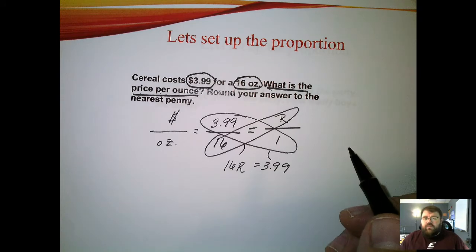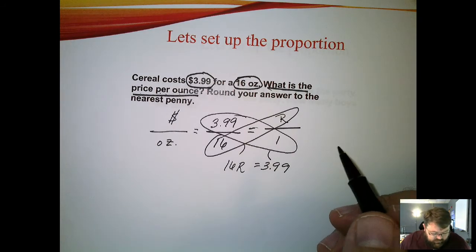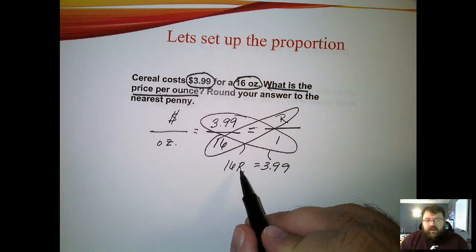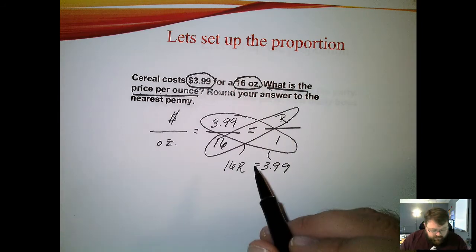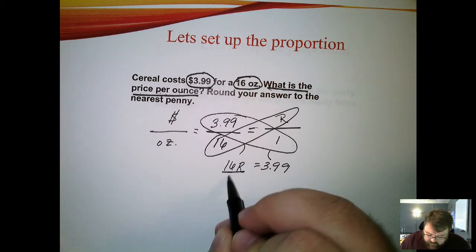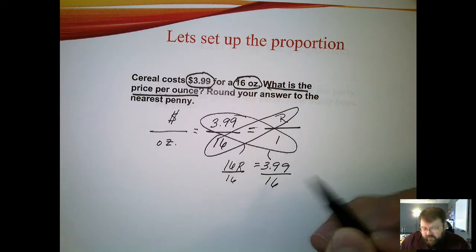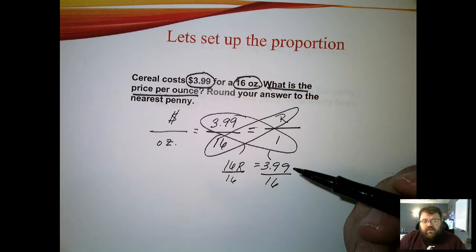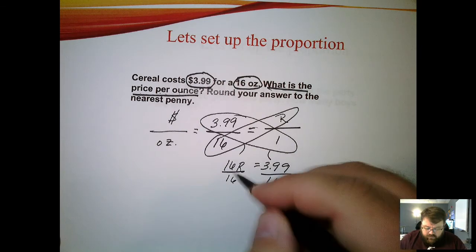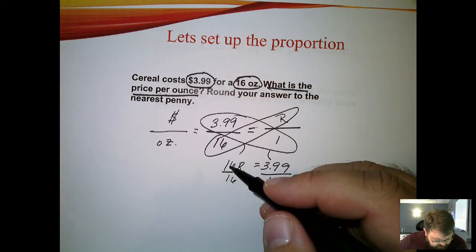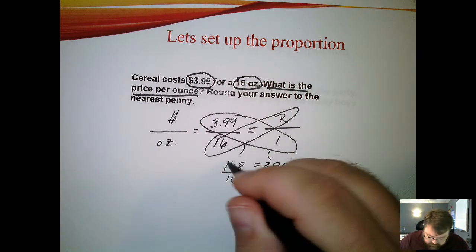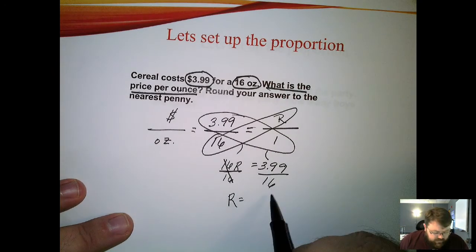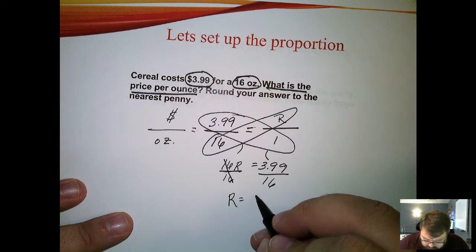Now from here, what you have to understand is that the 16 is trying to multiply by R. So I'm going to divide both sides by 16. 16 divided by 16 is 1. So the way that we write that is R.